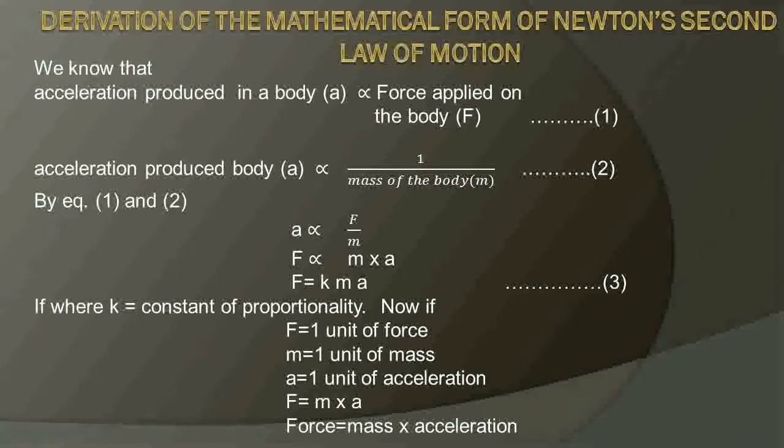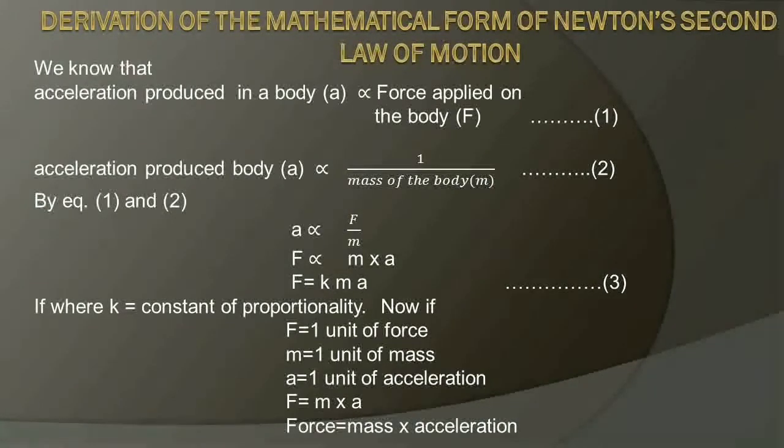By combining equations 1 and 2, we get a is equal to force upon mass. Clear? So by changing their places, we can write force is directly proportional to the acceleration multiplied with the mass of the body. And here it will be F is directly proportional to m into a. Clear?